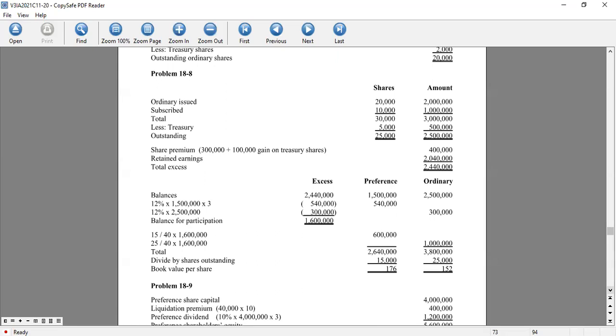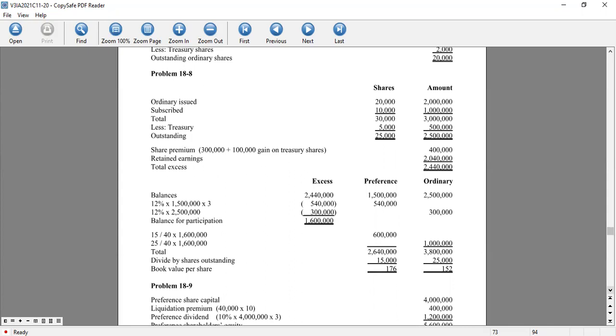The excess over par on the ordinary shares is 2,440,000. Now for the balances, we have the excess of 2,440,000, the preference of 1.5 million, and the ordinary of 2.5 million.